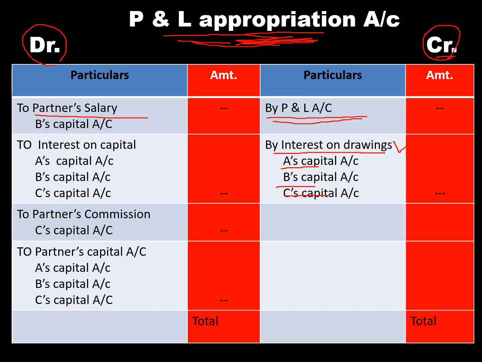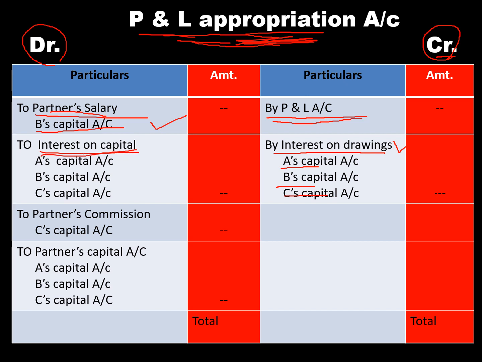Suppose we are giving salary to B only. So we will write B's capital account and the amount here. The journal entry will be P&L appropriation account debit to partner's salary account. If we are providing interest on capital to partners, then your entry will be P&L appropriation account debit to interest on capital.